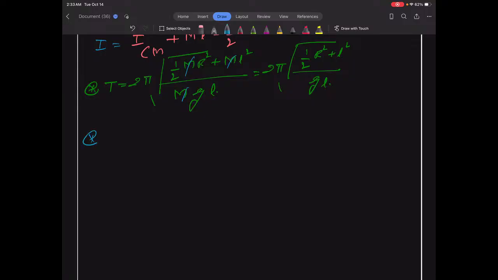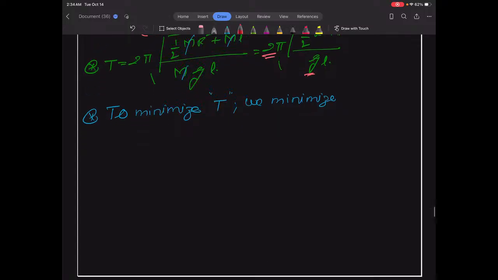So we can say that to minimize T, we minimize the expression under the square root, because here 2 pi and g will be constant. Therefore we have to minimize a function.